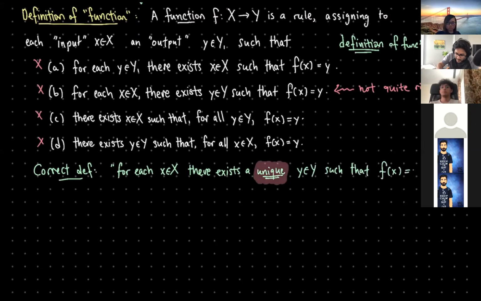That's the keyword, unique. And the reason it has to be unique is because for each input, the function has to give only one output. So if it gives more than one output, then that doesn't count as a function. So let me give you some examples.